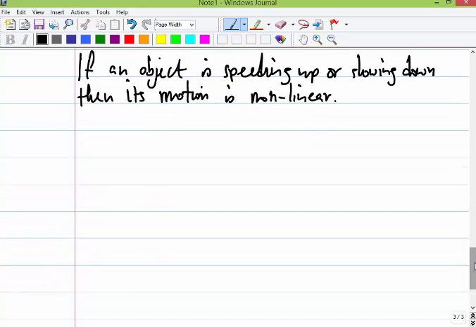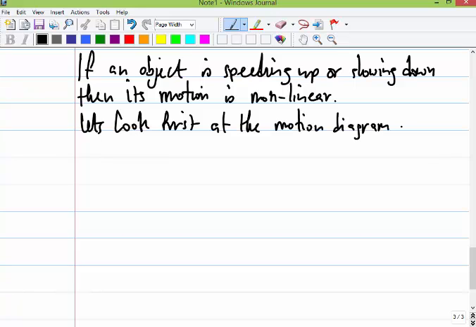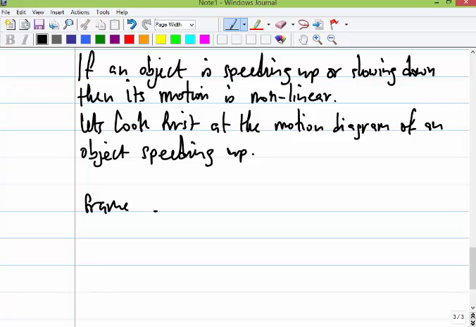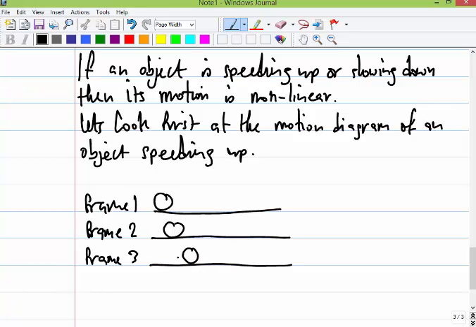Let's consider examples of an object speeding up. Let's look first at the motion diagram of an object speeding up. In the first frame, this is the object. This is frame 1. Frame 2, the object is here. Frame 3, the object is here. Frame 4, you can think of the object this way.